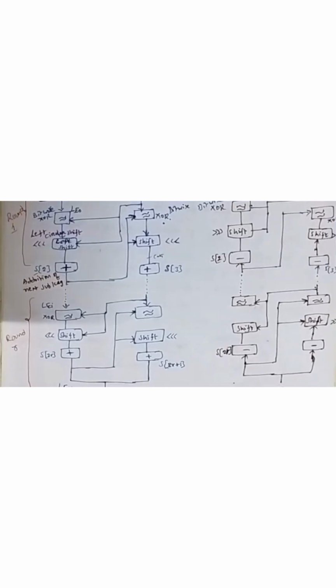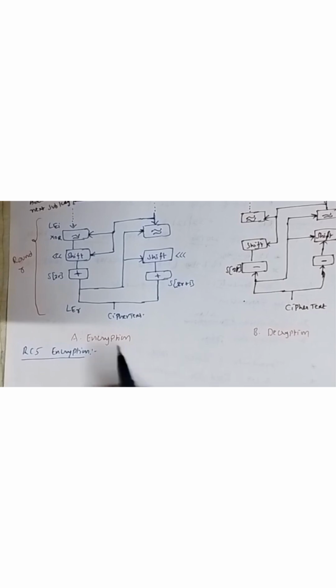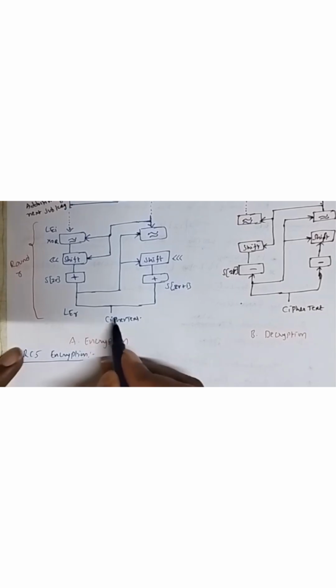Okay, and finally after n number of rounds, on the left side we will get the ciphertext data. This is the encryption diagram for round one up to n number of rounds. In the final round we will get the ciphertext.